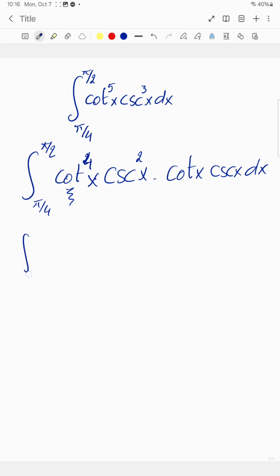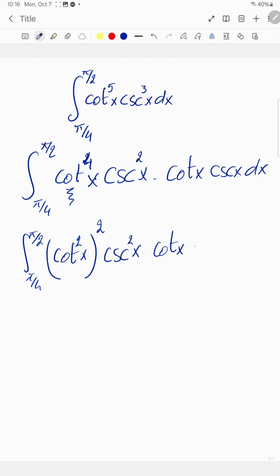So my integral becomes pi over 4 to pi over 2 cotangent to the power of 2x times cosec to the power of 2x cotangent x cosec x dx. But I know from the trigonometric identity formula, cotangent to the power of 2x is equal to cosec to the power of 2x minus 1.